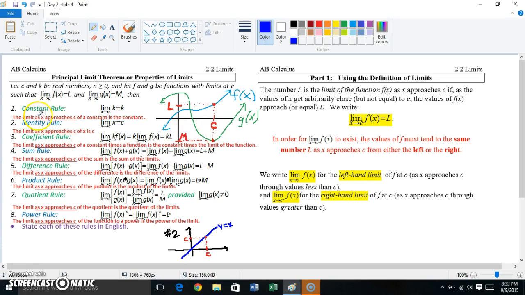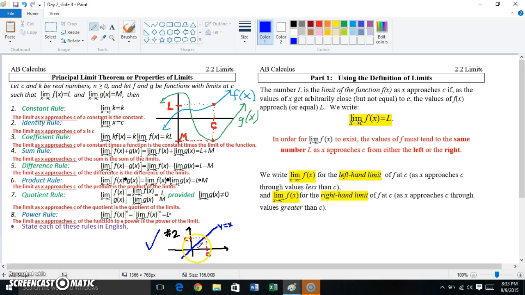The first rule is the constant rule, and it says the limit as x approaches c of k equals k. In English we just say the limit of a constant is the constant. The identity rule, I have a picture of that down here.